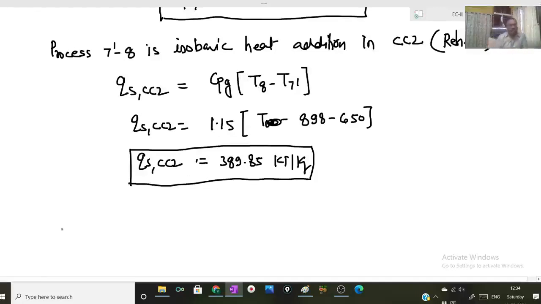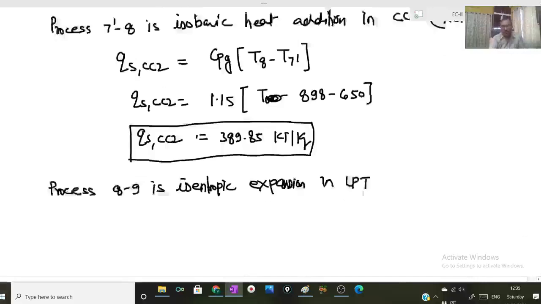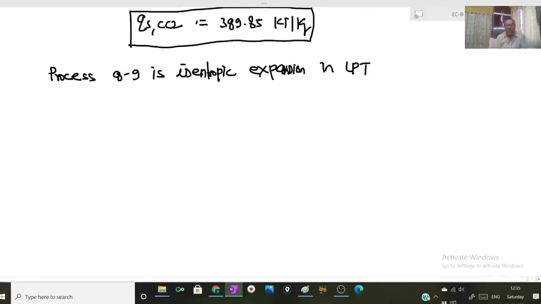Now next process is isentropic expansion in the LPT. So process 8 to 9 is isentropic expansion in low pressure turbine. What is that process?